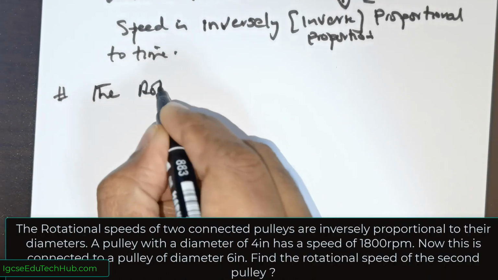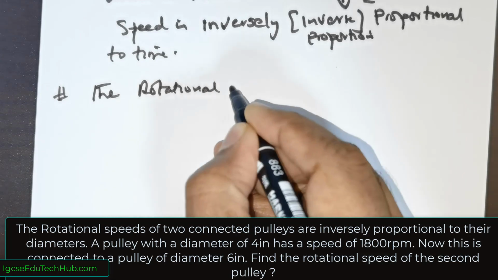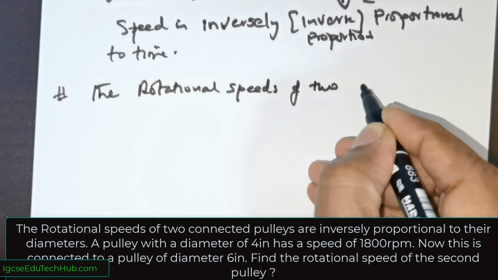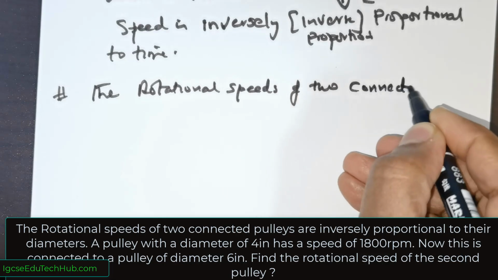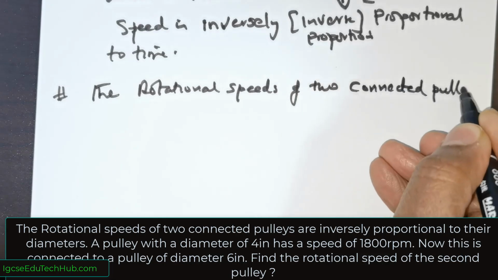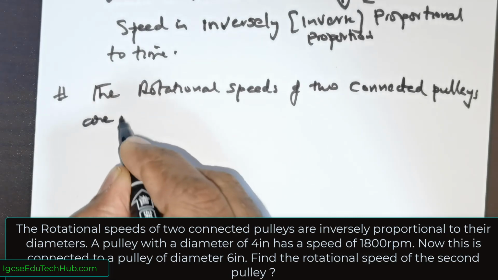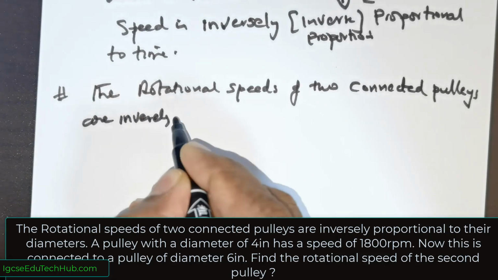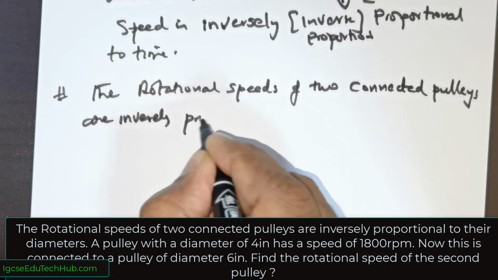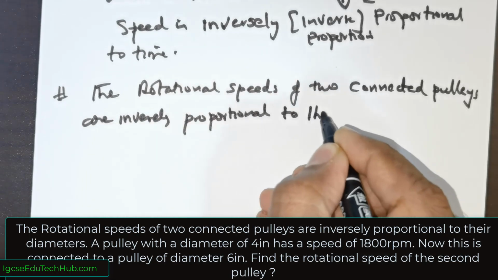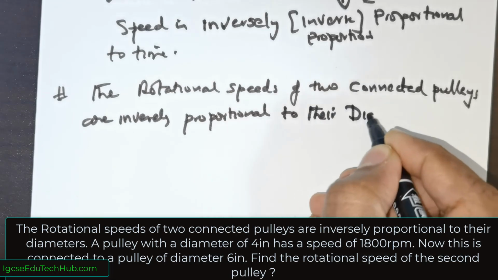The rotational speed of two connected pulleys are inversely proportional to their diameters.